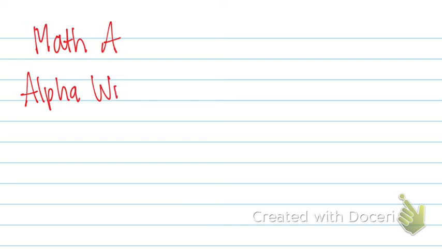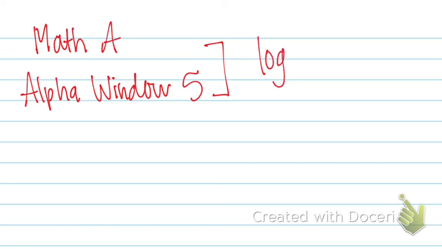Write all these for C. Math A, or alpha window 5, and it'll bring up log with a little box and a big box.